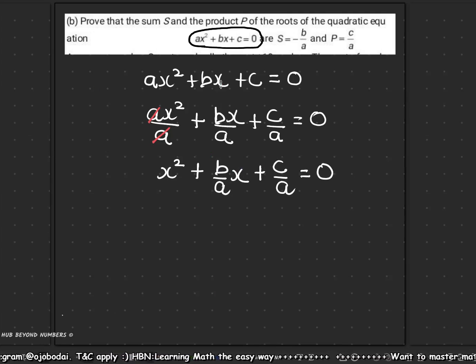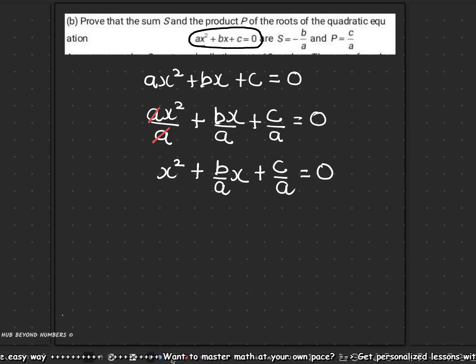Okay, if no question, all we have done is rewrite the equation so that the variables stand on their own, and we don't want the x to be attached to it.